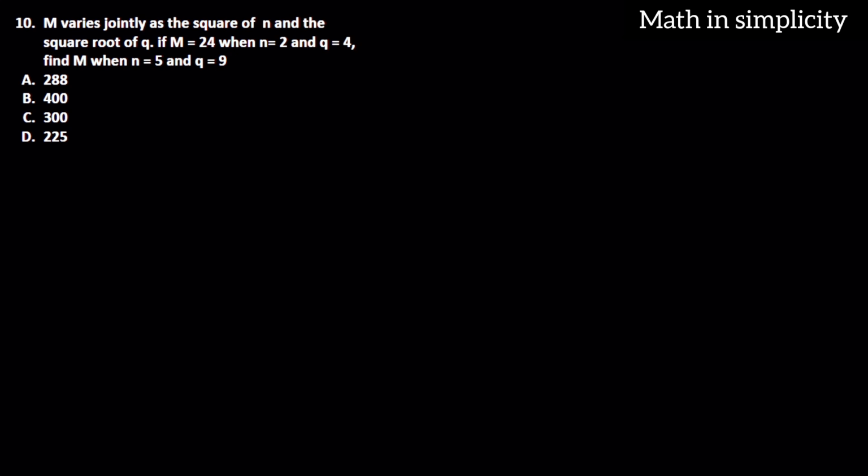So that's what we're going to find first. So let's just simplify this in symbolic terms. We have that m varies jointly as the square. So m varies as the square of n, that's n raised to the power 2, and m again varies as the square root of q.